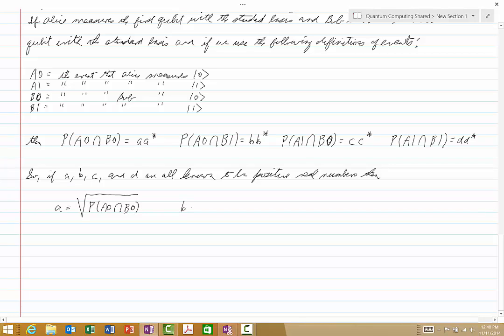B is the square root of the probability of A0 and B1. C is the square root of the probability of A1 and B0. And then finally D is the square root of the probability of A1 and B1.